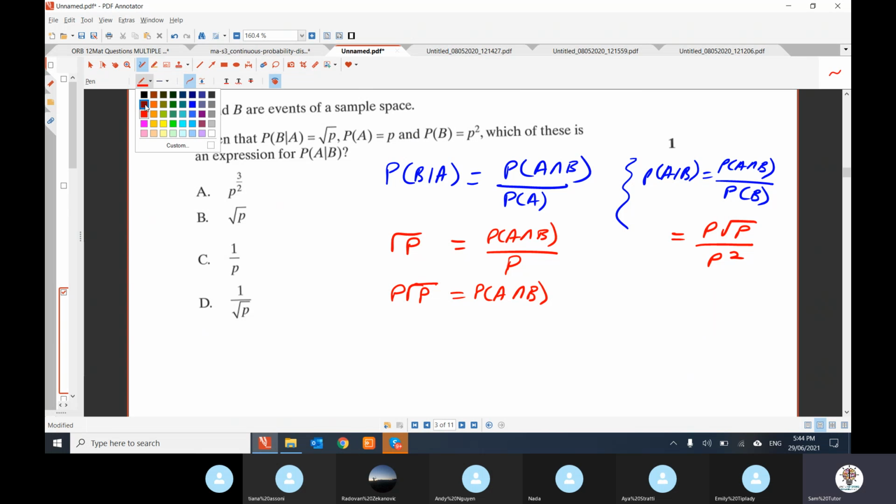The answer I've got at the moment is root P over P, which is none of these answers.